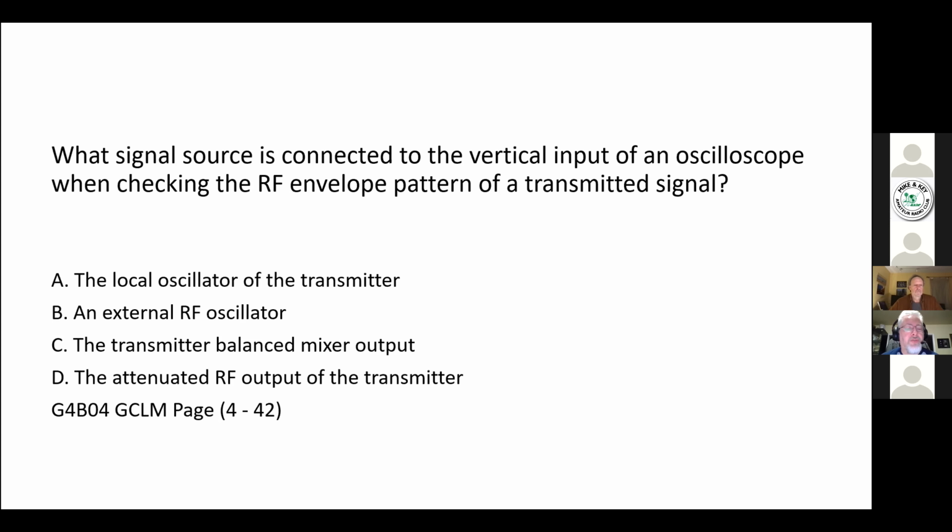C, the transmitter balance mixer output, or D, the attenuated RF output of the transmitter? Delta. You can blow the oscilloscope up really fast if you don't attenuate that signal down, because you're getting 100 watts out, and you want to put several megaohms, maybe a 100 megaohm resistor in there, to get it down to a low value so you don't blow the front end of the oscilloscope up.